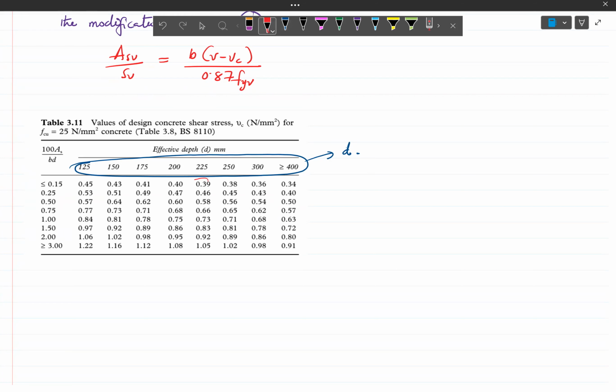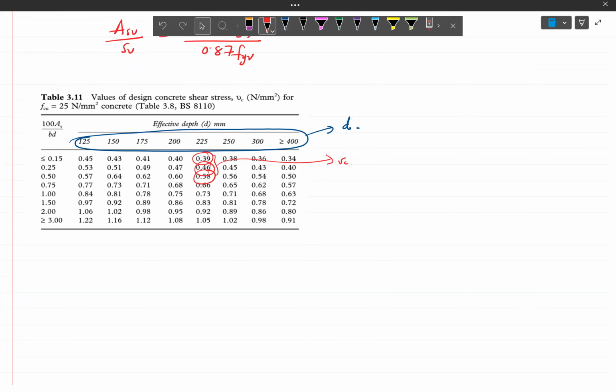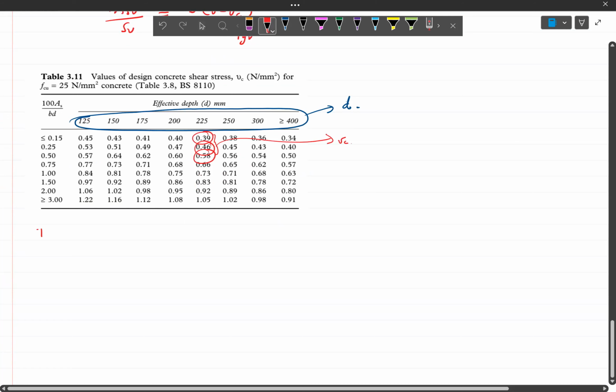And then the values in here, whichever one we choose, gives us the vc, which is the concrete shear stress, or the shear stress in the concrete.